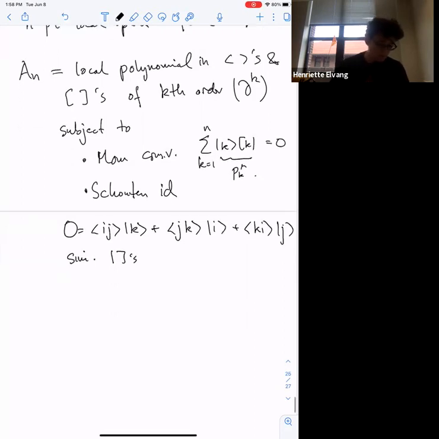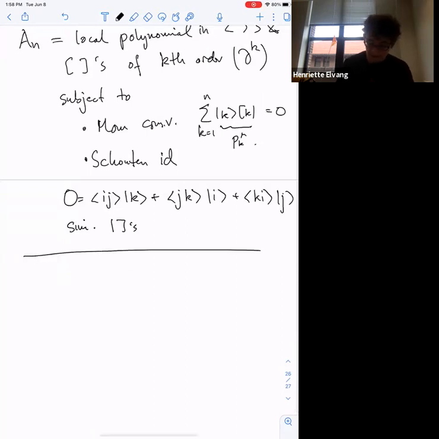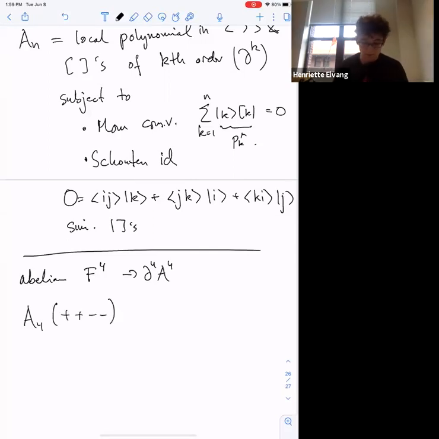Okay, so let me just try to do an example with this. If I have an abelian F to the 4 operator, it has 4 derivatives and 4 of the vector potentials. And what could I possibly do? So an amplitude like this, I have 2 positive helicities and 2 negative helicities.